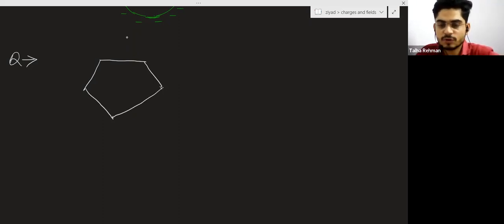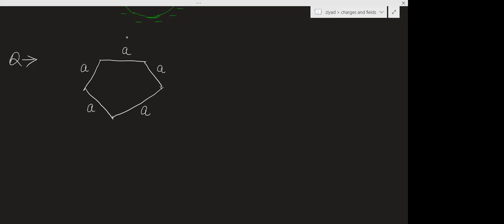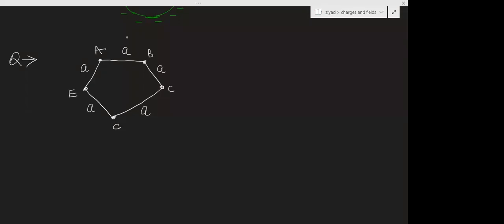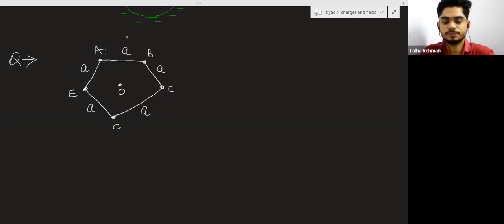It means all sides of the pentagon are equal. This is point A, this is point B, this is point C, this is point D, this is point E, and this is the center of the regular pentagon, O.